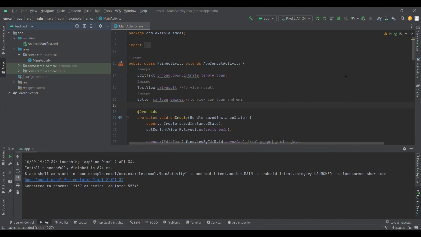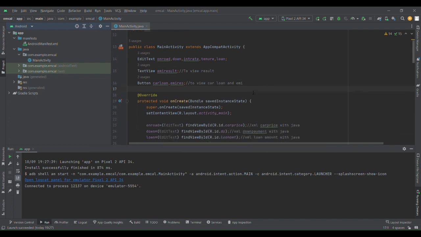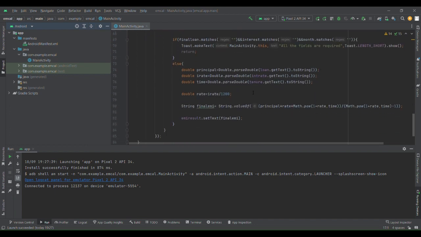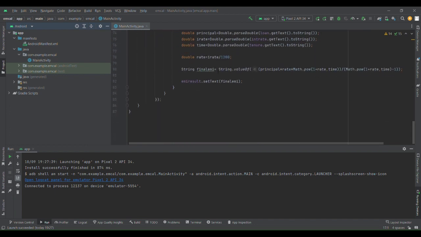And let's calculate the EMI amount, that is 15 lakh, and let's give the interest rate as 15.